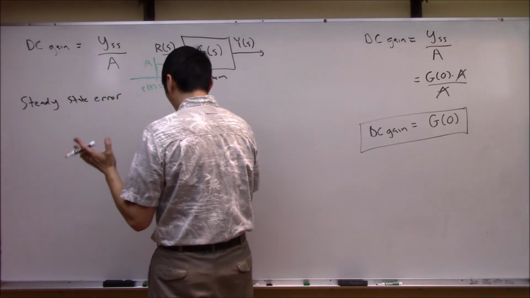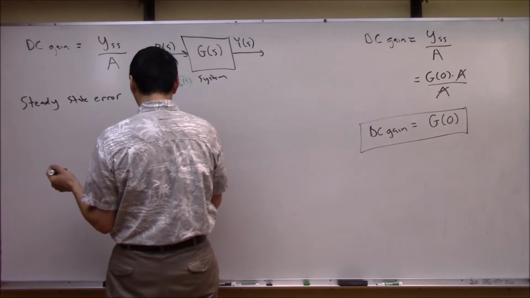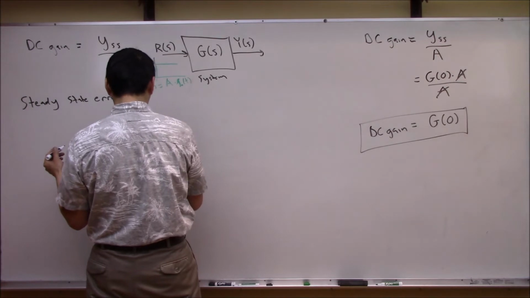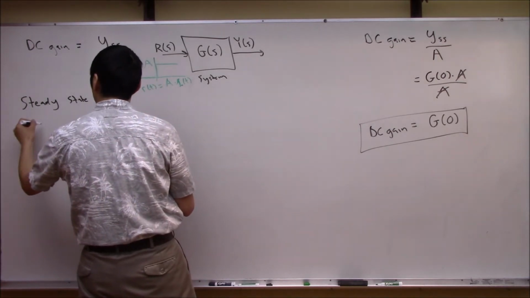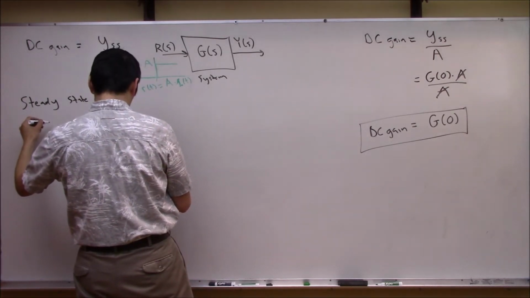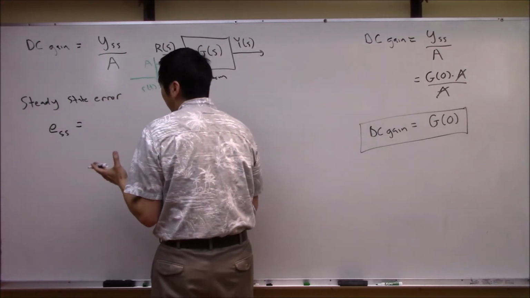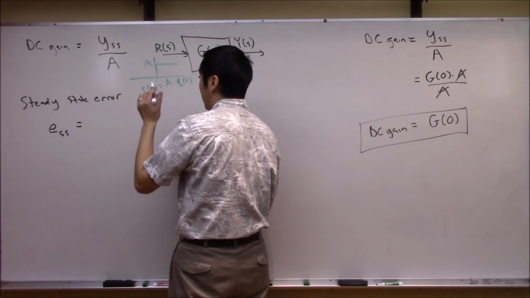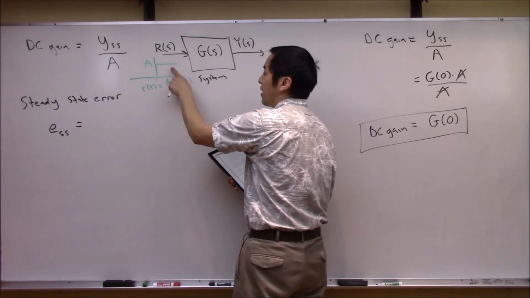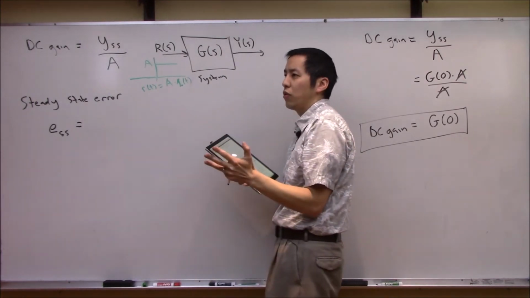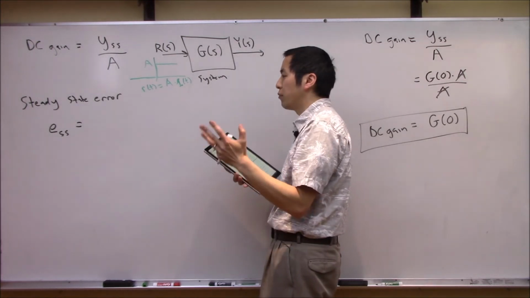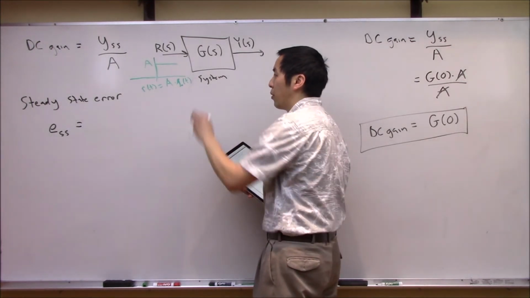Okay, so maybe we should write this out here. So E steady state, right? This is basically the difference between the steady output and the steady input here. That tells you how far away the system is, or is the system tracking or not tracking the input here, okay?